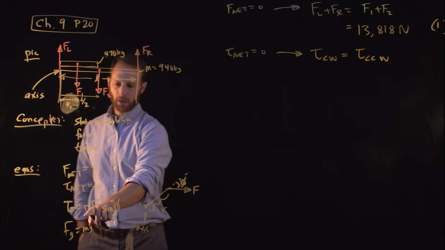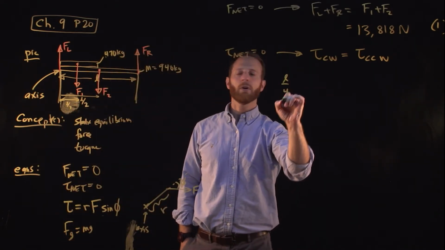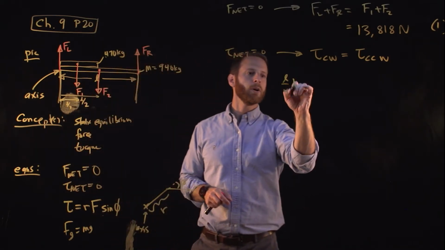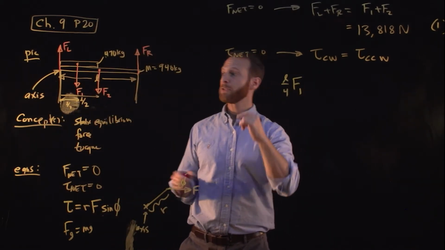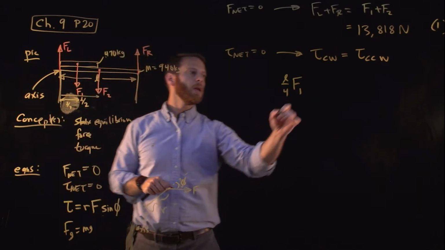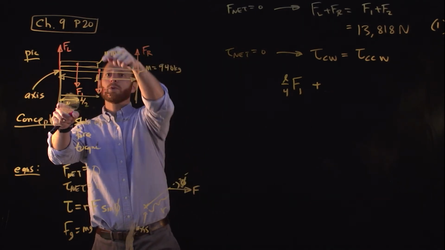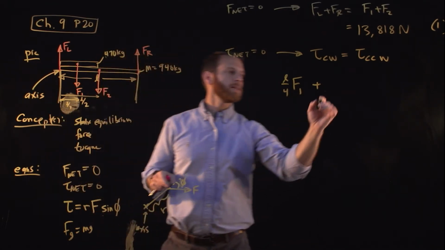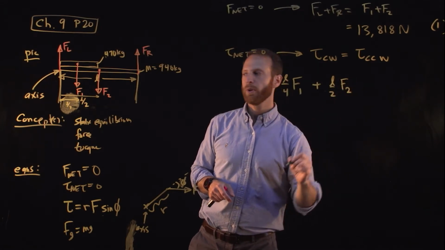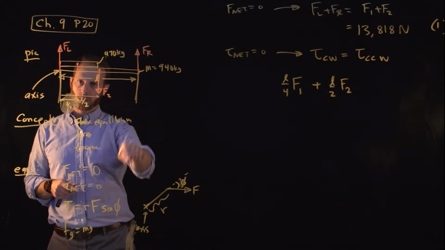So what we have is L over 4, the R1, times this force F1. That's the torque provided by the gravitational force pulling down on the smaller beam, plus the torque provided by the gravitational force pulling down on the bigger beam. That distance is L over 2 times F2. That's all the torque making it want to spin clockwise.